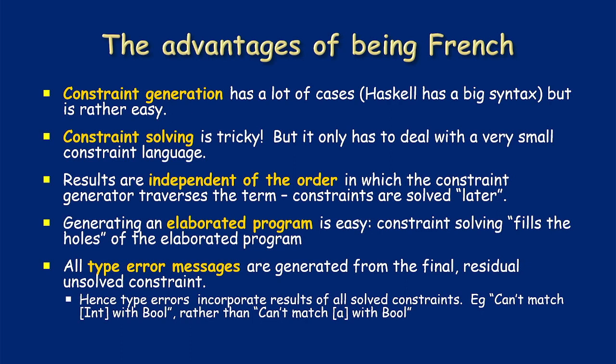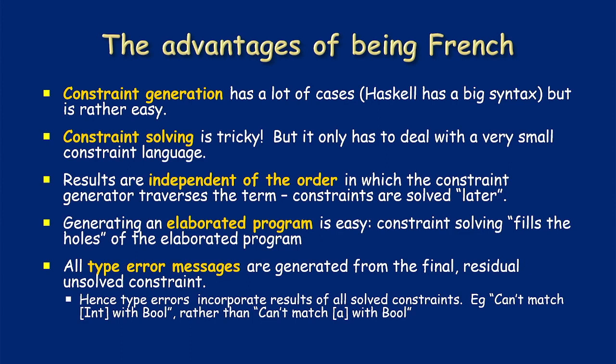So constraint solving is difficult, but constraints are written in a small language, which I'll show you very shortly. So it only has a small number of cases, but each of those cases is very subtle. Does that make sense? So what you don't want to do is to have a lot of cases, each of which is subtle. Many cases, easy code. Few cases, really tricky code. Much better way to factor your problem. Thank you, Didier.